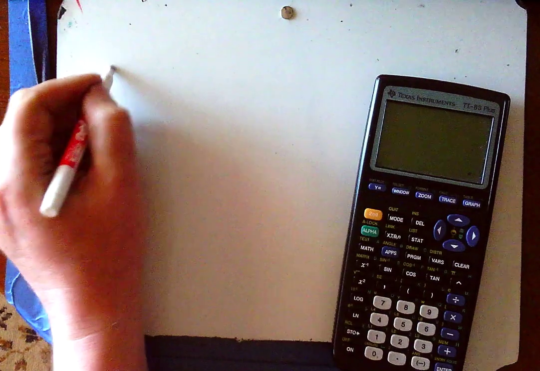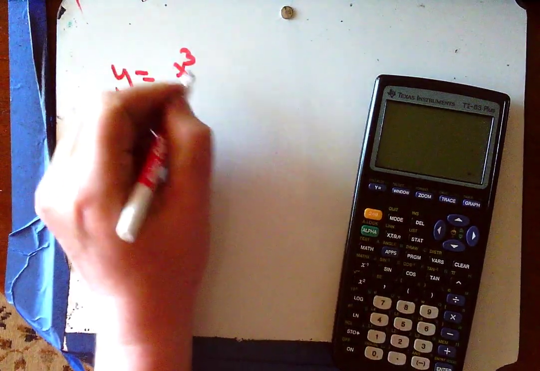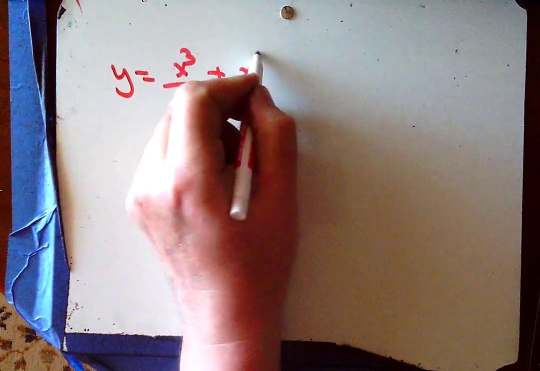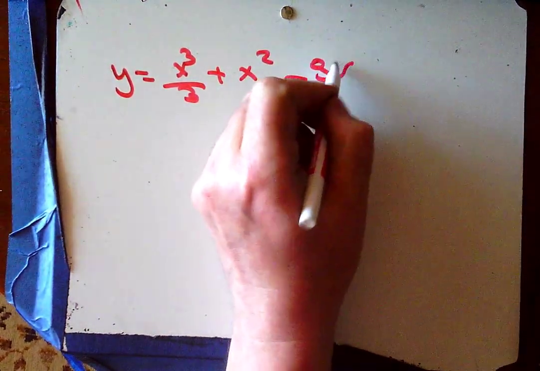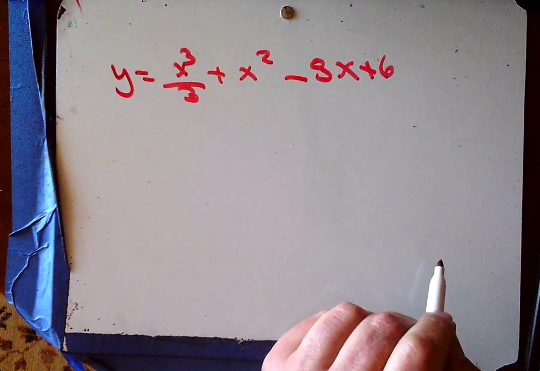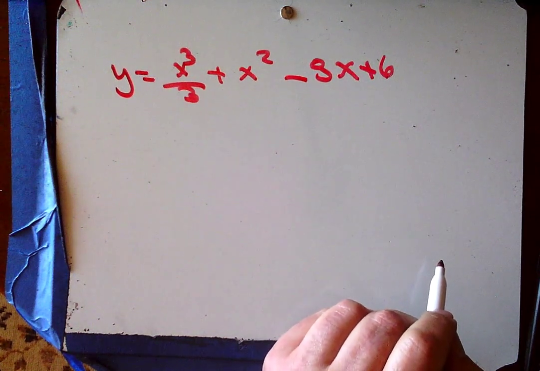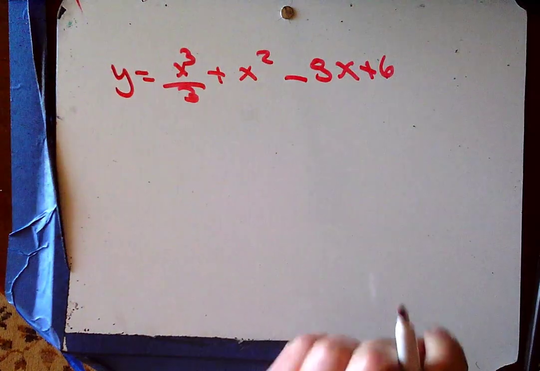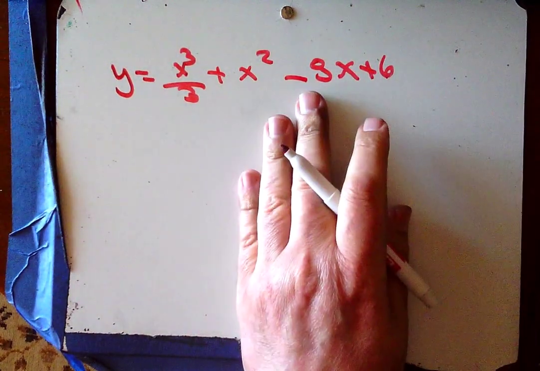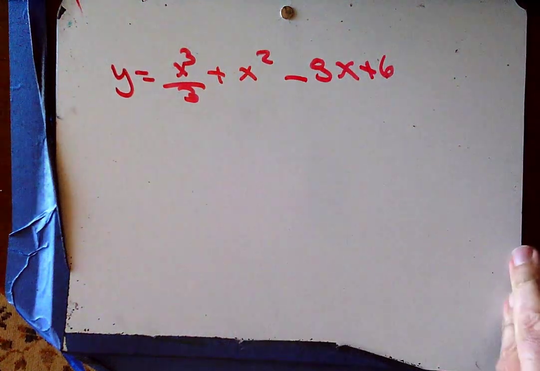Calculator time! So, y equals x to the third over 3 plus x squared minus 8x plus 6. Ta-da! Here's our function. And I want to know when this function is increasing and when this function is decreasing, and I want to know where the maxes and mins are.